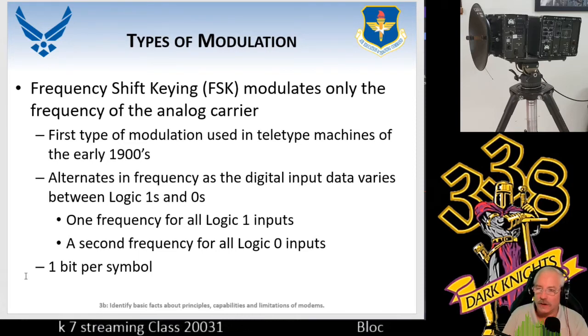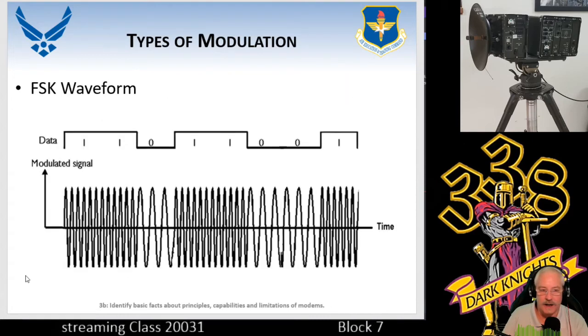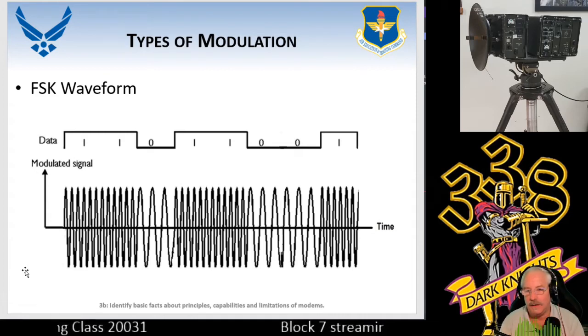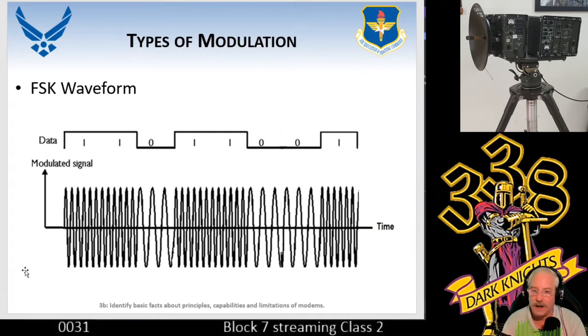Let's take a look at the actual diagram itself, for the frequency. You can see that anytime you see a 1, it will be one type of frequency. In our case, we're showing it to be a higher frequency. And anything that you see as zeros, you will see a lower frequency. Now, it doesn't distinguish between the two zeros.